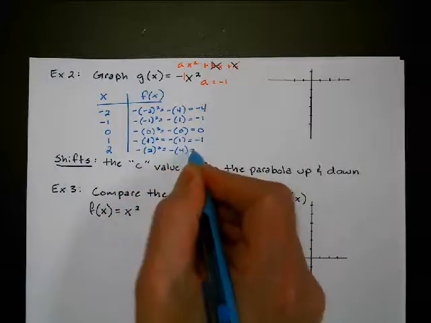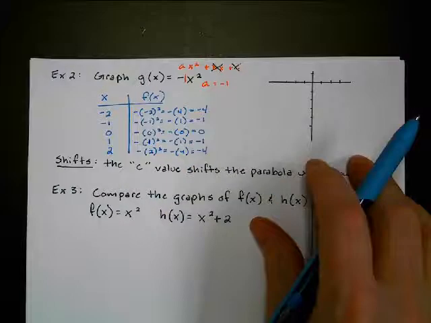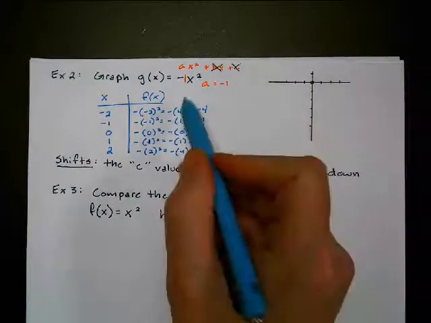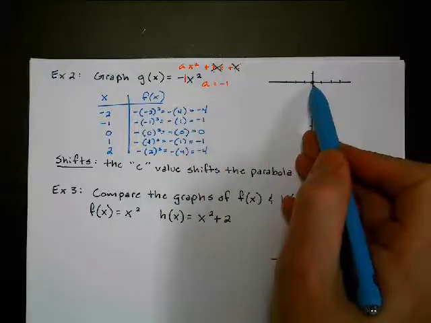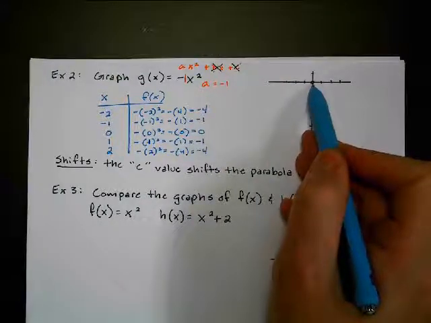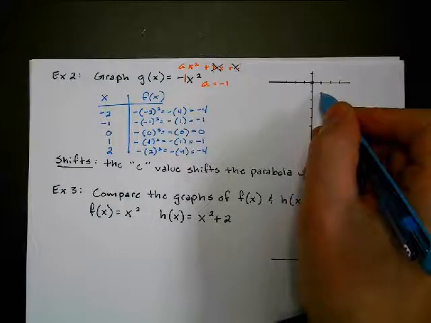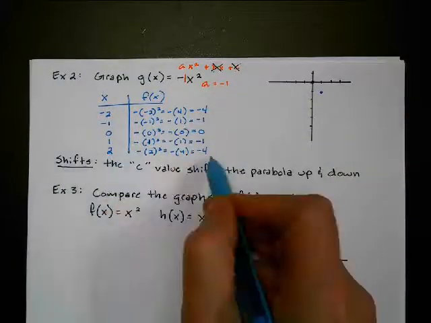All right, graphing this. Our vertex is at 0, 0 again. Remember, it's 0, 0 because there's no bx and there's no c. We're going to get our vertex at 0, 0 every time when that happens. It's just like the last problem. Okay, let's graph these other points. 1, -1 would be right here. And then 2, -4. So 2 and then -4. 1, 2, 3, 4.